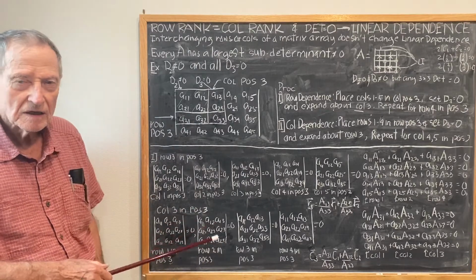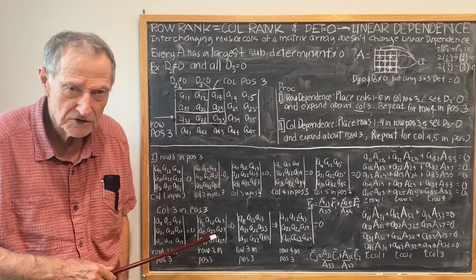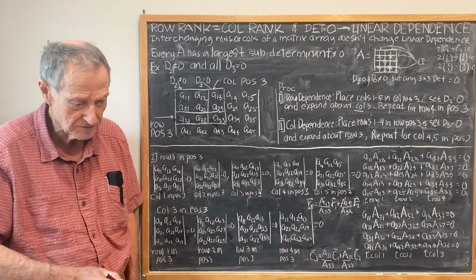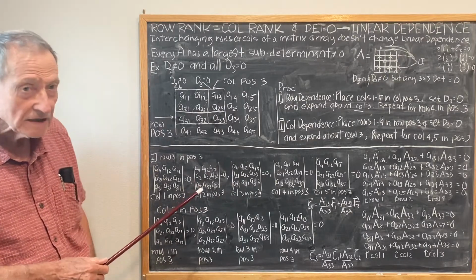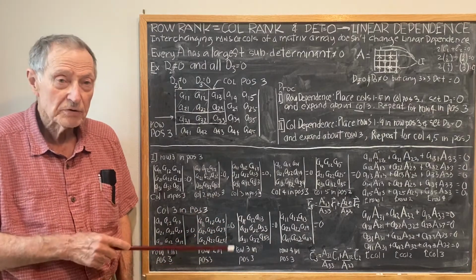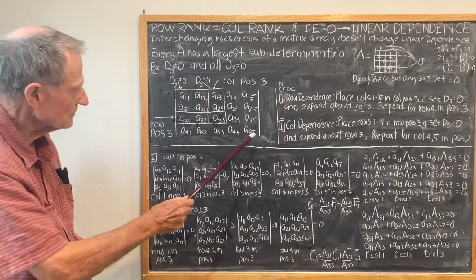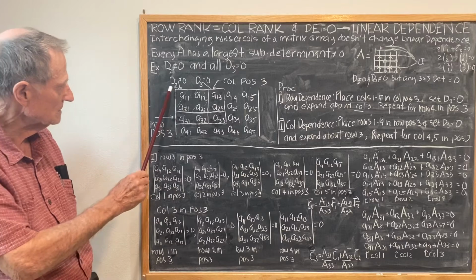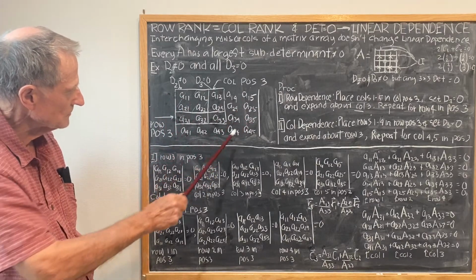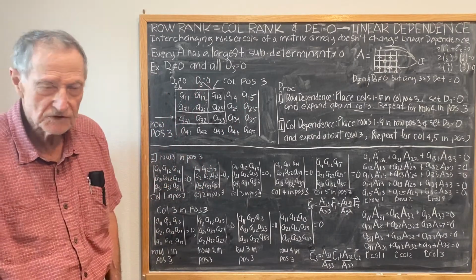Now, I'm going to prove the assertion by construction, and to do that, I'm going to take an example of an array which has the largest subdeterminant of size 2 unequal to 0, and all larger subdeterminants equal to 0. I'm also going to assume that by interchanging rows and columns, I've put that largest subdeterminant in the upper left-hand corner, and that's the illustration that I have here, where this is D2, which is unequal to 0, and every determinant that I form from these elements of larger size than D2 will be equal to 0.